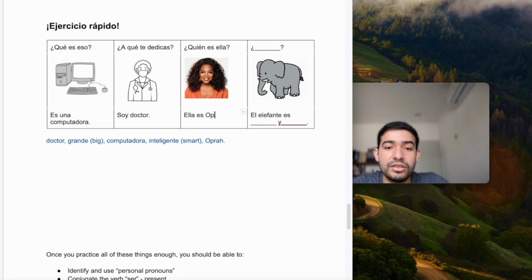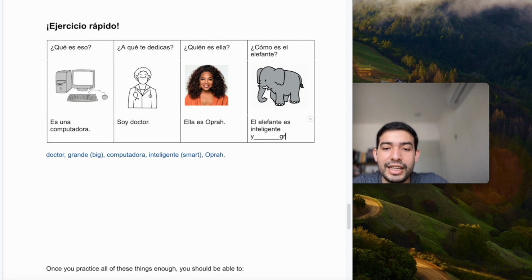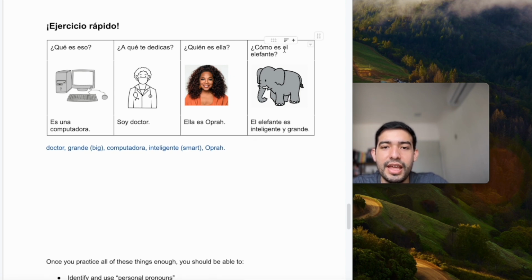Ella es Oprah. Who is she? She is Oprah. ¿Cómo es el elefante? El elefante es inteligente y grande. And that's it. How is the elephant like? Oh, well, the elephant is smart and big.